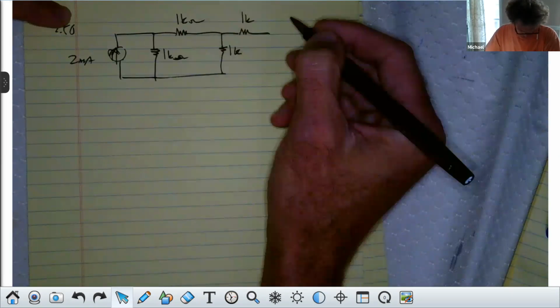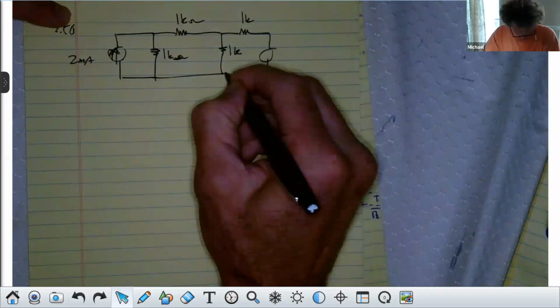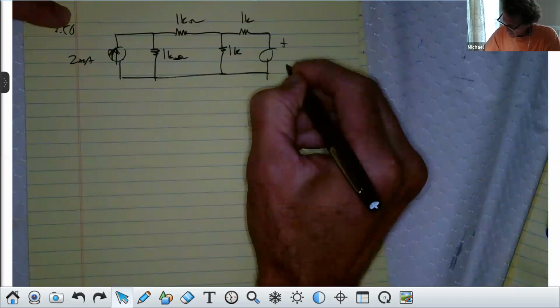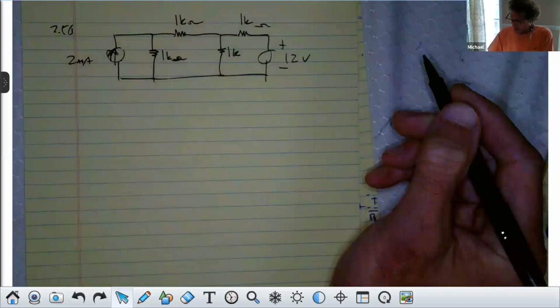And then it has 12 volts. I'm going to show you a few things about this one. These are in ohms, of course, this 1K, and that's 2 milliamps.